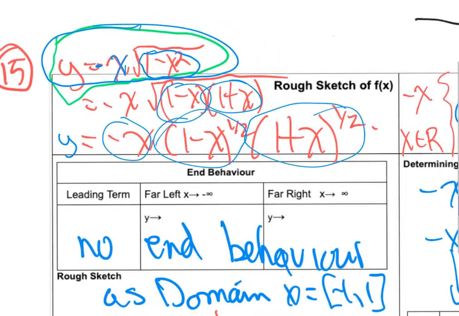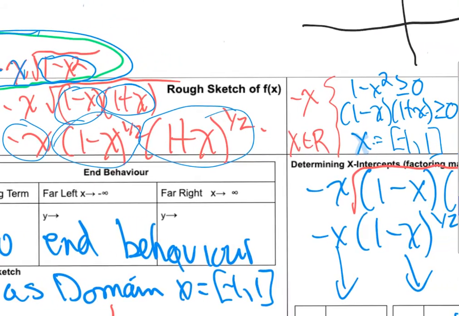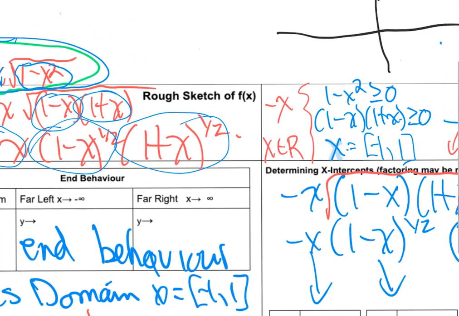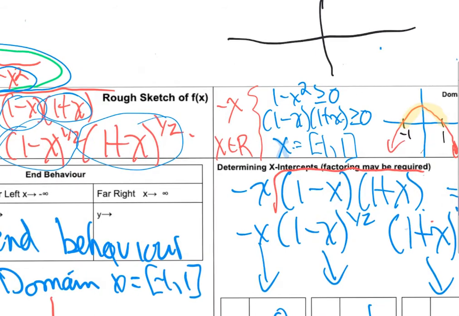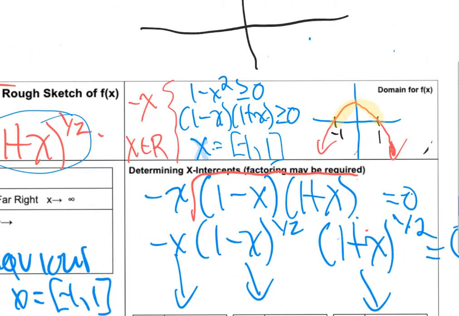And now let's look at our domain. This one is tough for domain. Again, I encourage you to pause, rewind, and you could fill in examples if you want, copy these down. I'm going to put hard copies of these in the Google Classroom post.